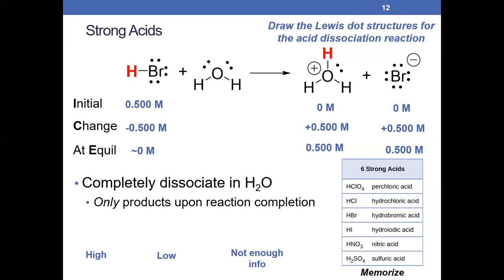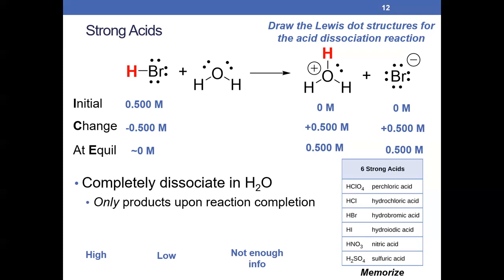But if I have a 0.5 molar solution of HBr, all of that is essentially converted into products. I have a one-to-one relationship between reactants and products, so I produce 0.5 molar H3O+ and 0.5 molar Br-. Functionally, I have no HBr left in solution at the end.